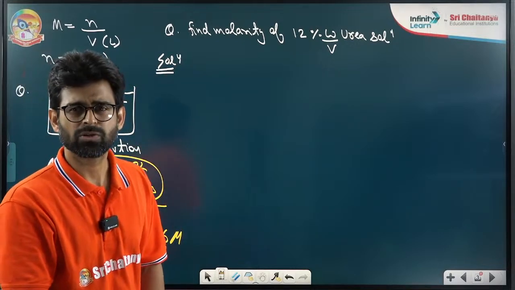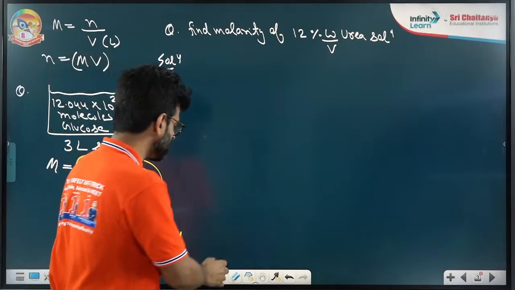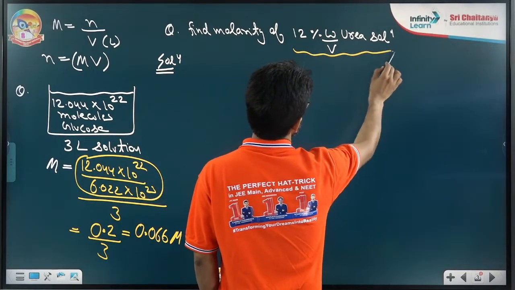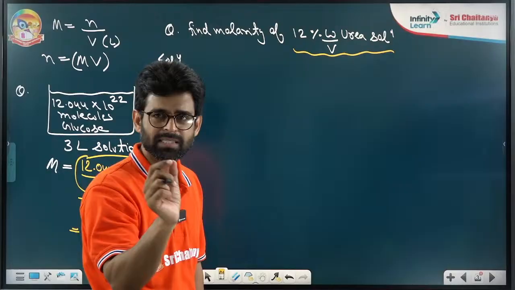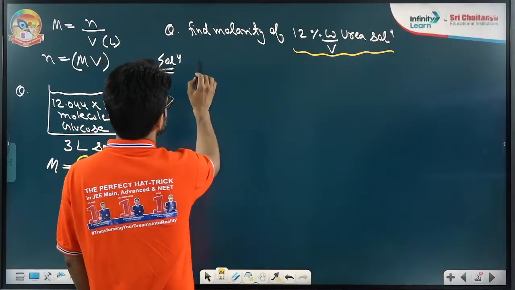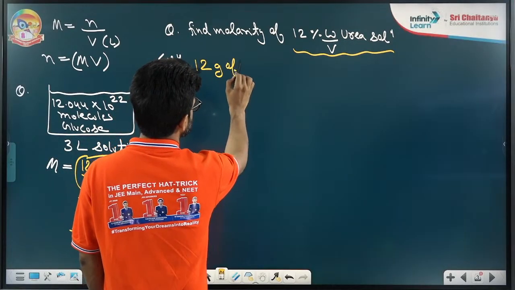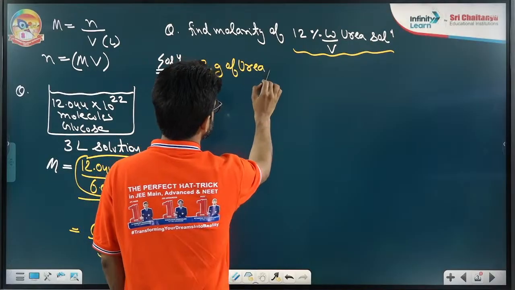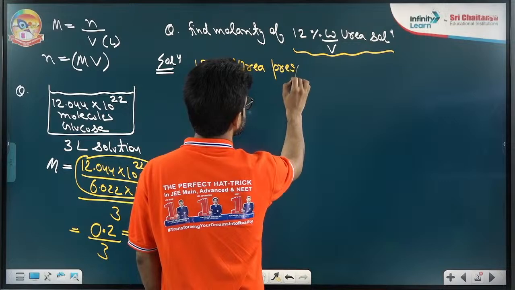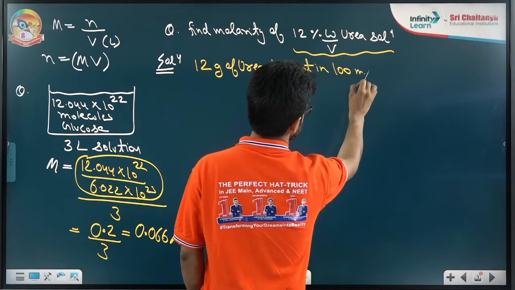The easiest question, the most important question. We know this very well. Yesterday I told how to use this given statement. Nothing else is given, just this statement. How will I use it? I'm giving you a hint. It means 12 gram of solute, 12 gram of urea, is present in 100 ml of solution.